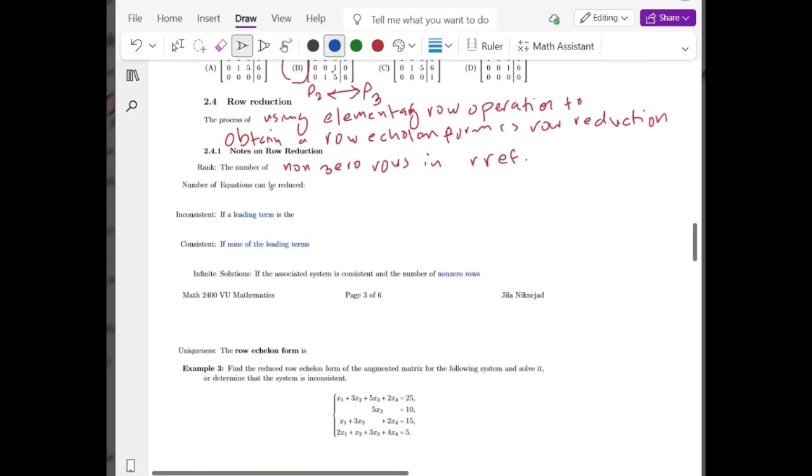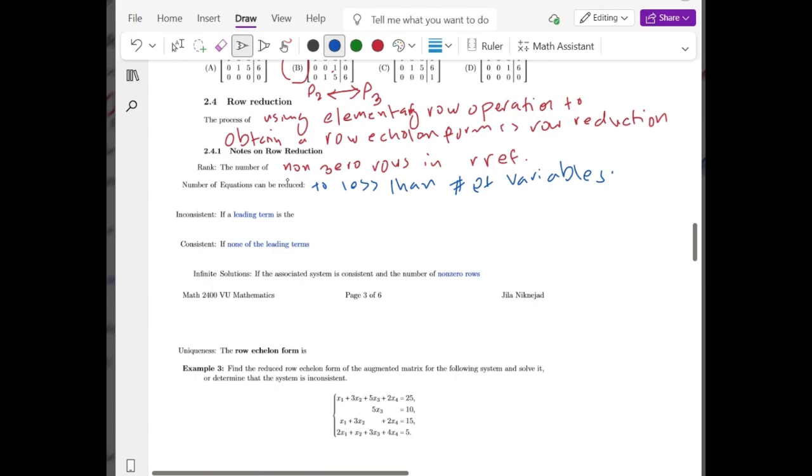So the number of equations can be reduced to less than the number of variables, and that is okay. And that typically means that there's no unique solution.